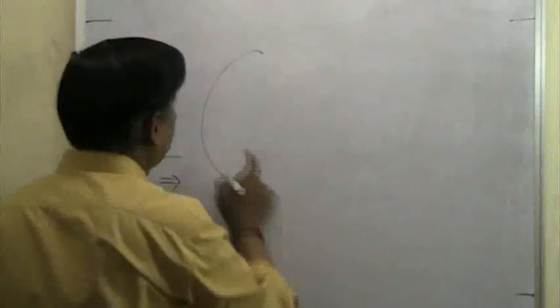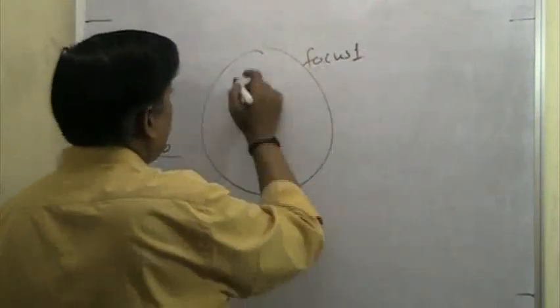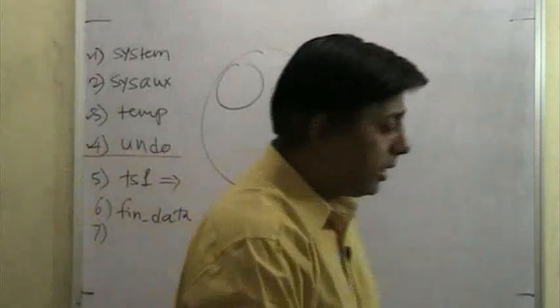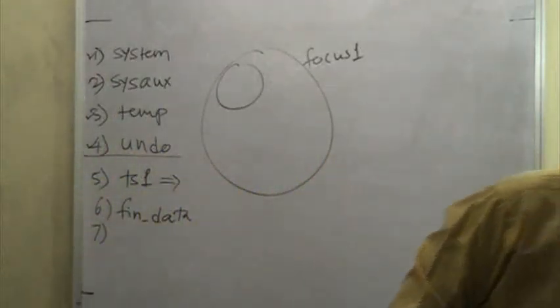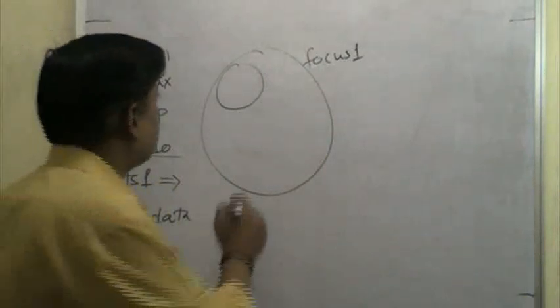So this is our database, let us say focus 1. Yesterday I mentioned that there are certain schemas which are always going to be there in every database, and what was the first one? Sys.